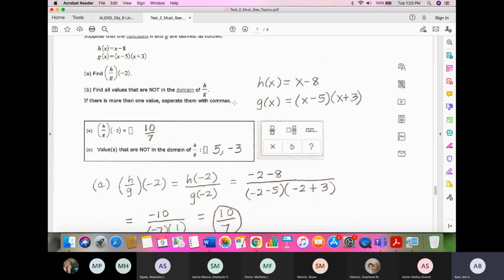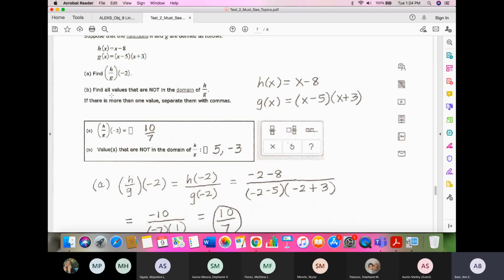So rather than having you write the domain out in interval notation, which we sometimes do, there's another way to give us information about the domain. Sometimes we just want to know which values are not in the domain, and then we just assume all the rest of them are. So that's what's going on in this case.